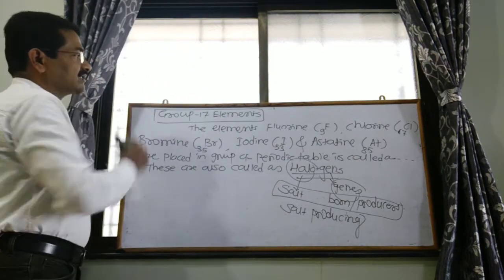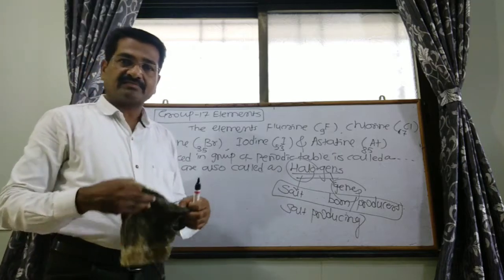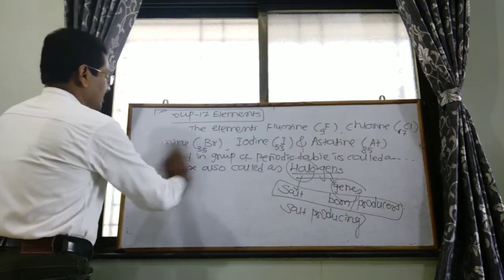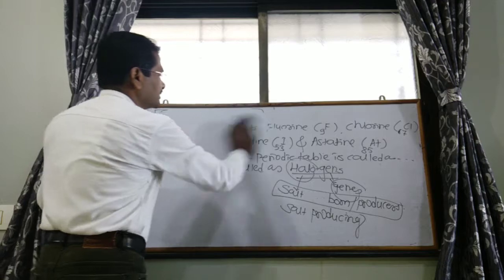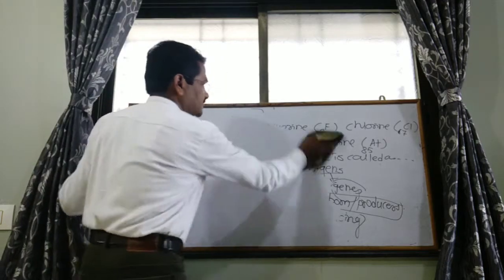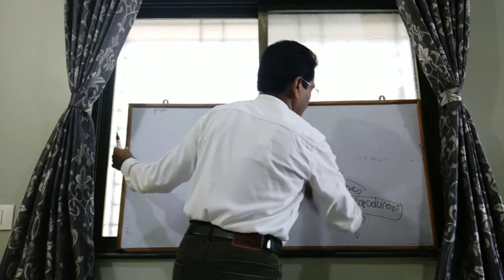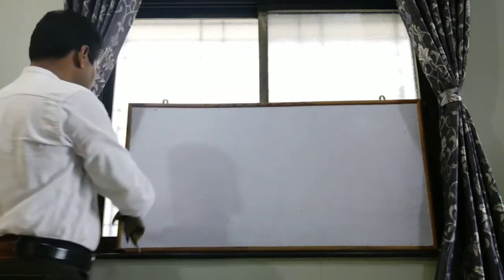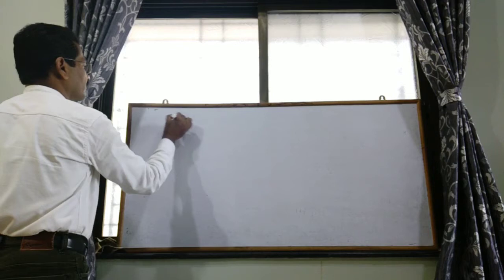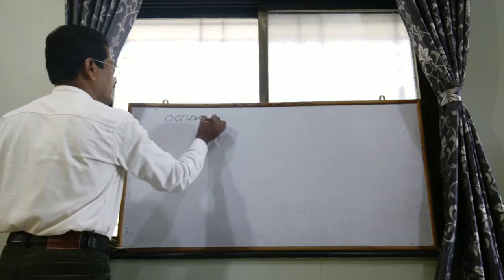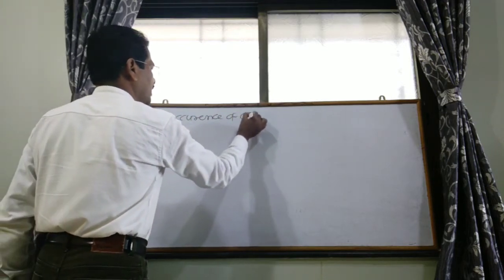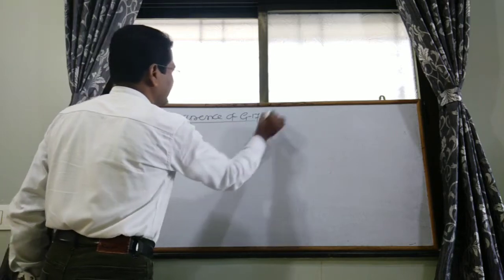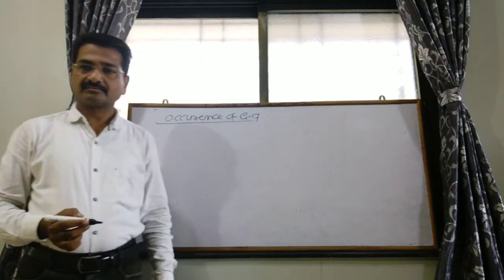So these are the G17 elements. Then see the occurrence of group 17 elements.